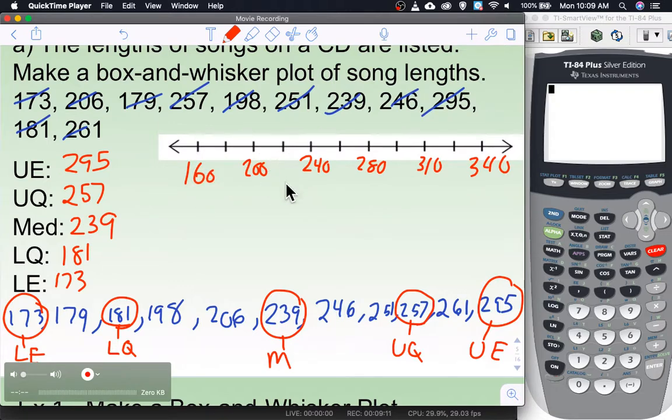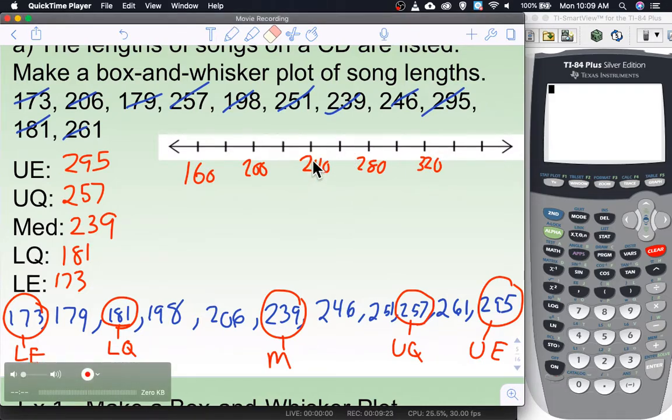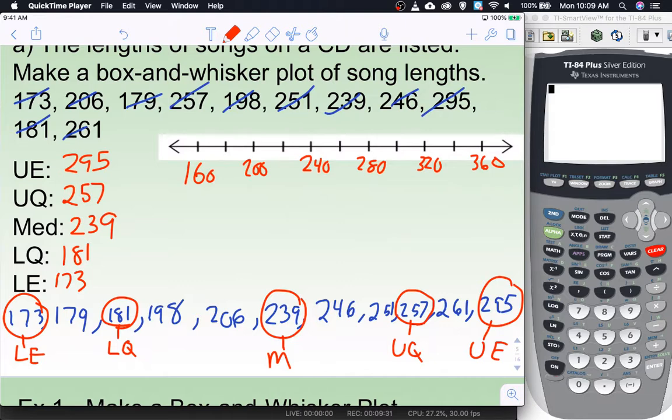I messed that up. That should not be 310, should be 320, right? There we go. So it's not a great scale, but it works.